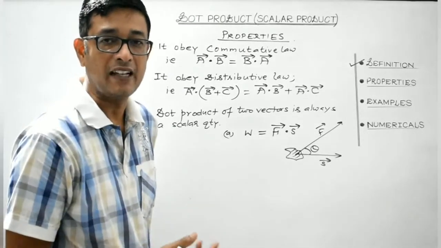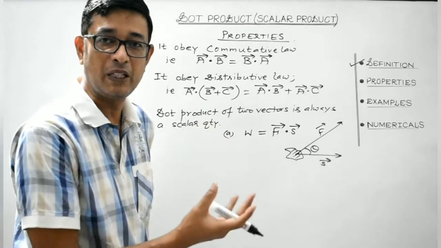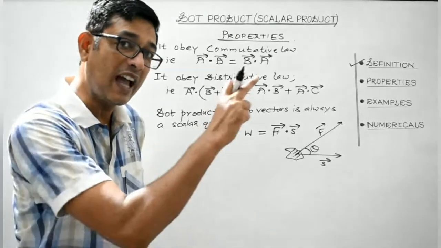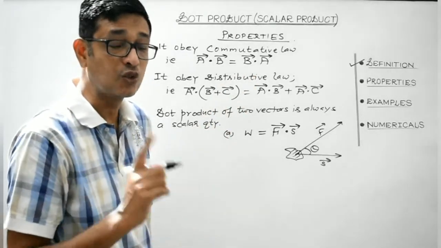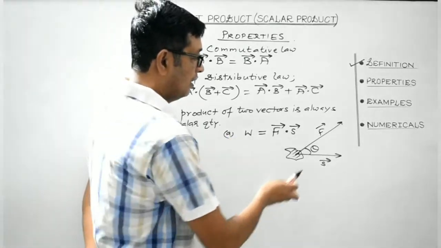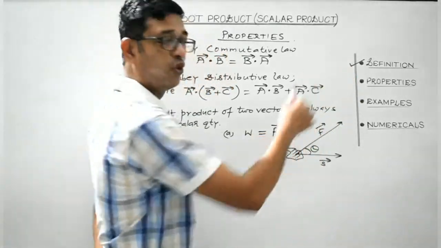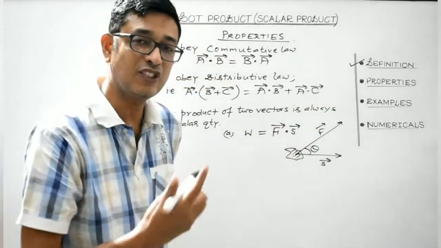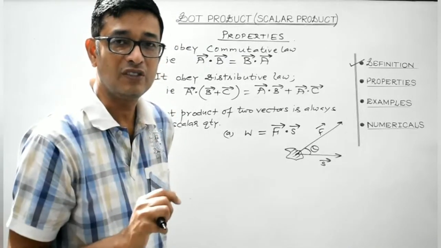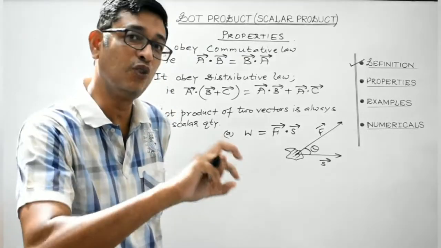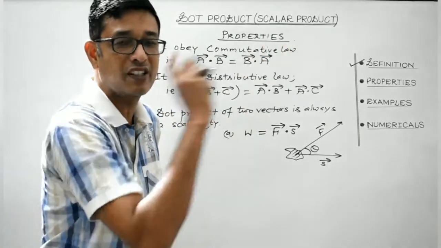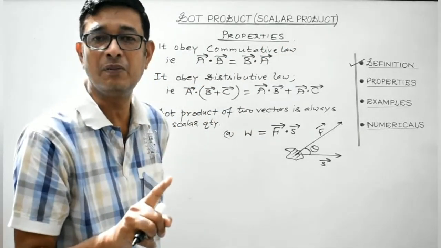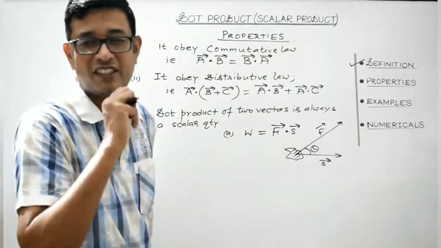The product of magnitude of the force and the displacement and the cosine of the angle between them. And students, it is only when the body moves along the direction of the force applied, in that case only, when theta is 0, that work done is given by the product of force and displacement. That's a special case. But actually work done is given by Fs cos theta.